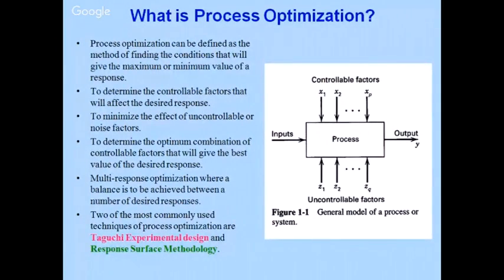Coming to process optimization. So this slide mainly consolidates what I have talked to you till now. So let us go through it. This is very important. Process optimization can be defined as the method of finding the conditions that will give the maximum or minimum value of a response.